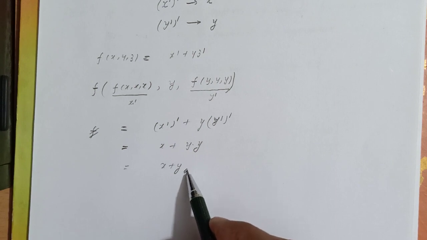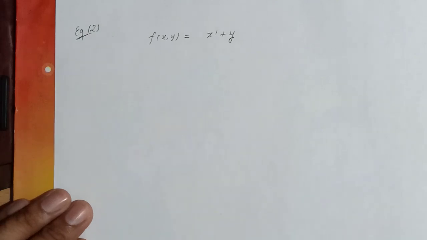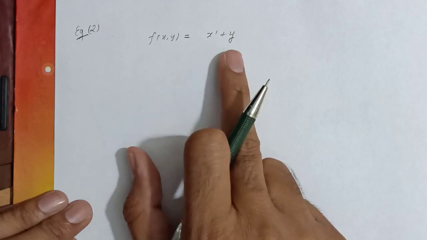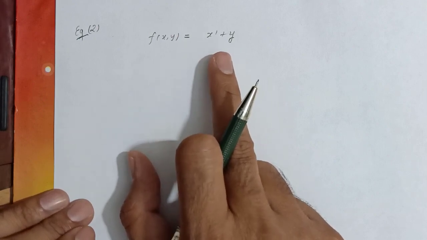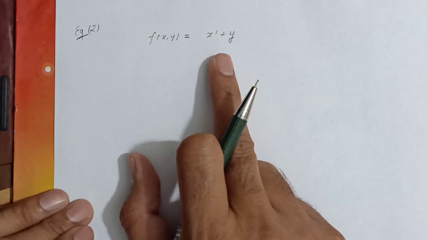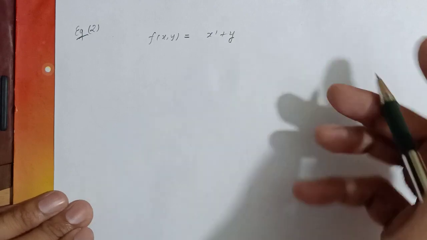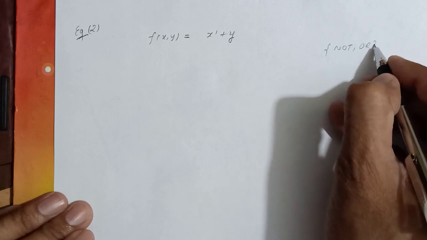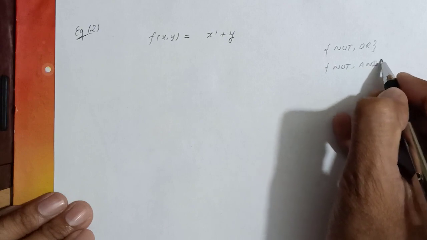Okay, now we will look into another example. In this example, we are given this operation, and we have to find out whether it is functionally complete or not. So obviously we will try to derive the NOT operation together with the OR operation, or we will try to generate the NOT operation together with the AND operation.